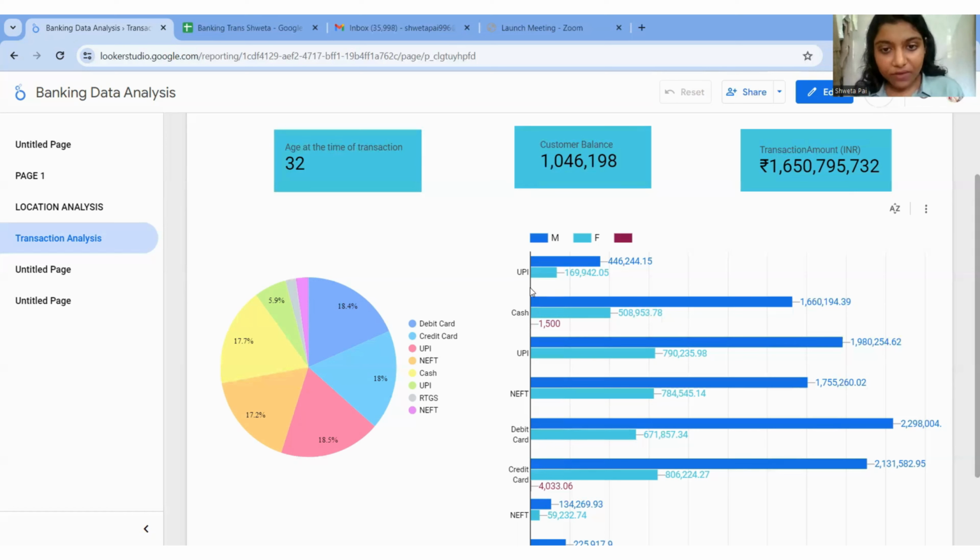We have also made a data visualization based on the gender-based population. Among that, we have found that the male population is exceeding the female population in transactions.